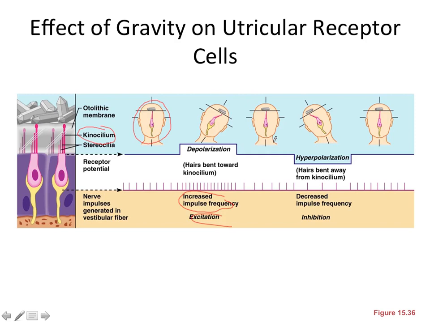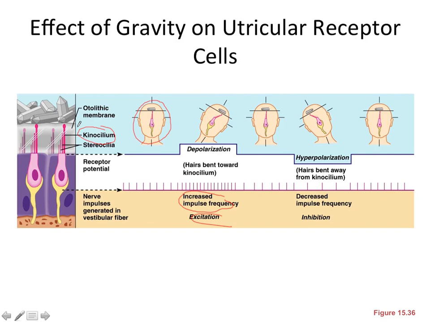That increases the impulse, which means excitation. If we return our hand to the stationary position, the otolith will move back to the stationary position, so the action potential will decrease. However, if we move our hand to the left side, the otolith will move to the left side and stretch the hairs away from the kinocilium.